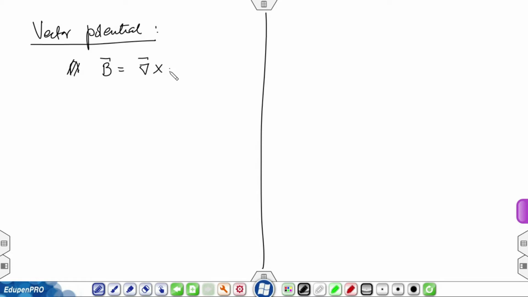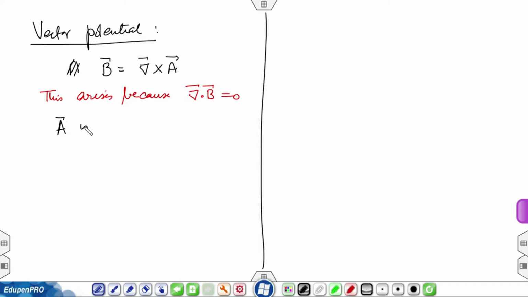That magnetic field is given by curl of A. And where does this come from? This arises because the divergence of the magnetic field is 0, and therefore, B can be expressed as the curl of a vector potential.